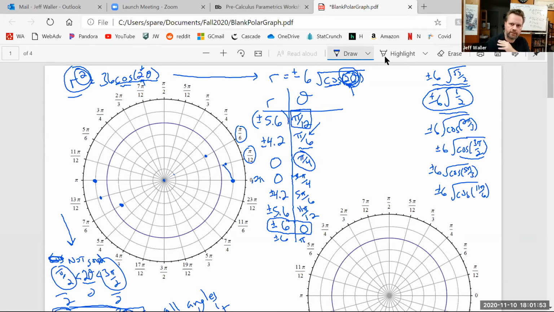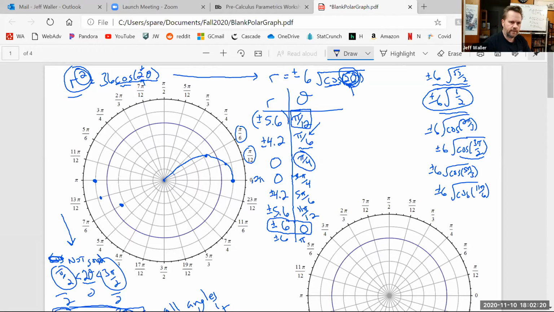Oh, crappity doodah. This is a weird thing. All right. I can't go past pi over 4. At pi over 4, it's supposed to be at 0. There we go. Do you see what I'm trying to do? I can't go past the pi over 4 line because it's supposed to be at 0 right when it gets to pi over 4.